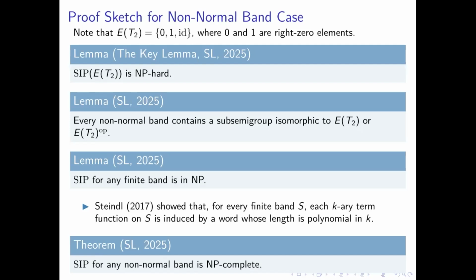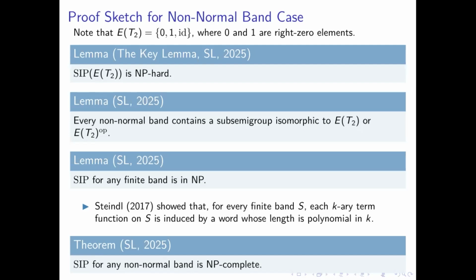E of T2 is the idempotents in the transformation semigroup over 2 elements, and it's just 0, 1, and identity, and 0, 1 are right zero elements. The key lemma that we proved is that SIP of E of T2 is NP-hard.